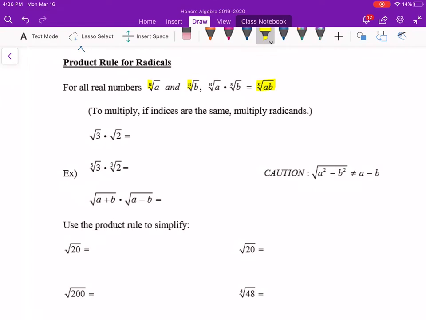So being able to smush those together and merge those two radicals is only possible if the indices, that's just the plural of index, are the same. We'll have some other strategies later, but for right now, being able to do things like the square root of 6 is only possible because they are both square roots. So cube roots times cube roots are just going to be cube roots of the product. So only if those indices are the same.